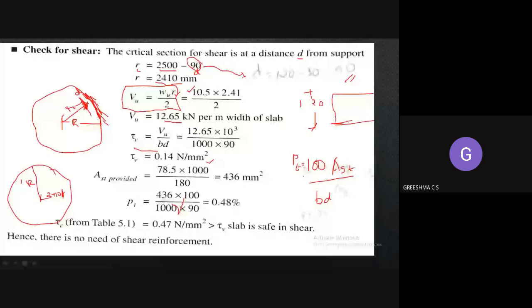So here Ast we have to find out. b we know, that is 1000. d is also known, d is equal to 90.